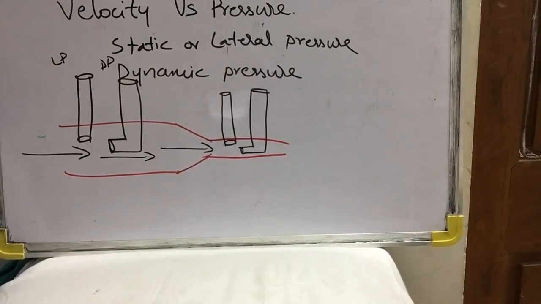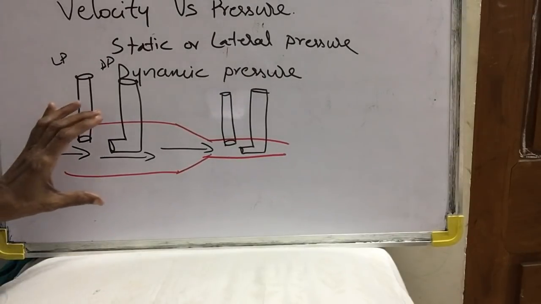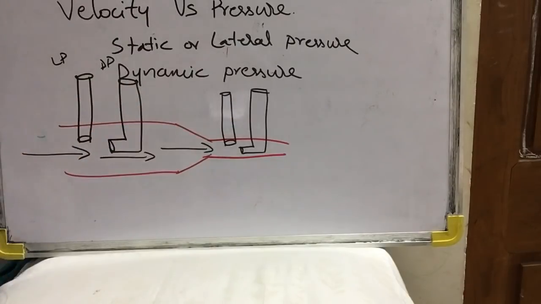The tube has two diameters, one is wider and the other part is narrow.